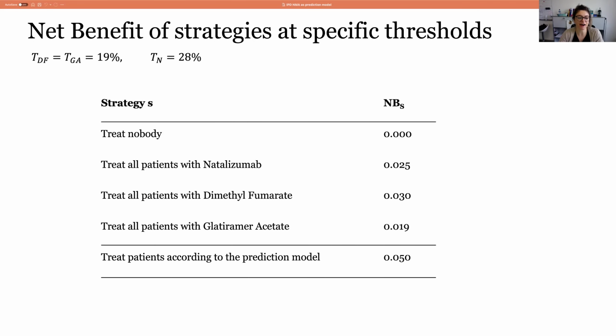So here are the 5 strategies, and for those particular thresholds, so the same 19% threshold for dimethyl fumarate and glatiramer acetate and 28% here for natalizumab, we get these net benefits.